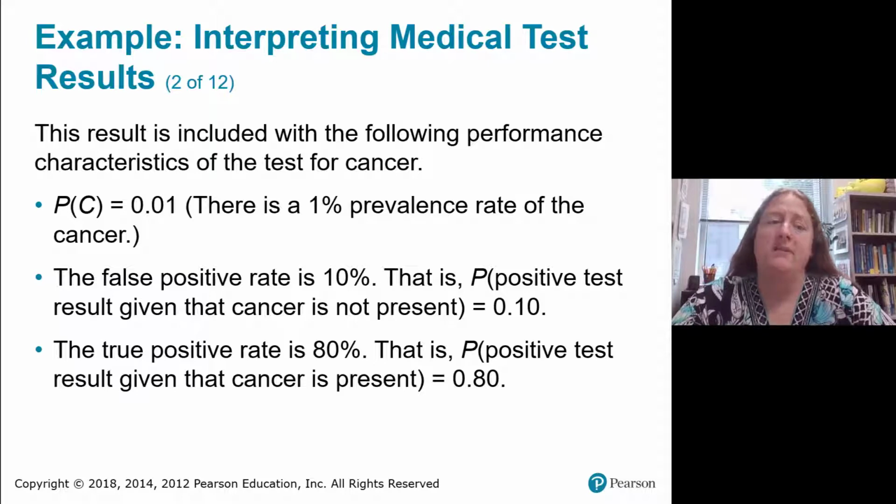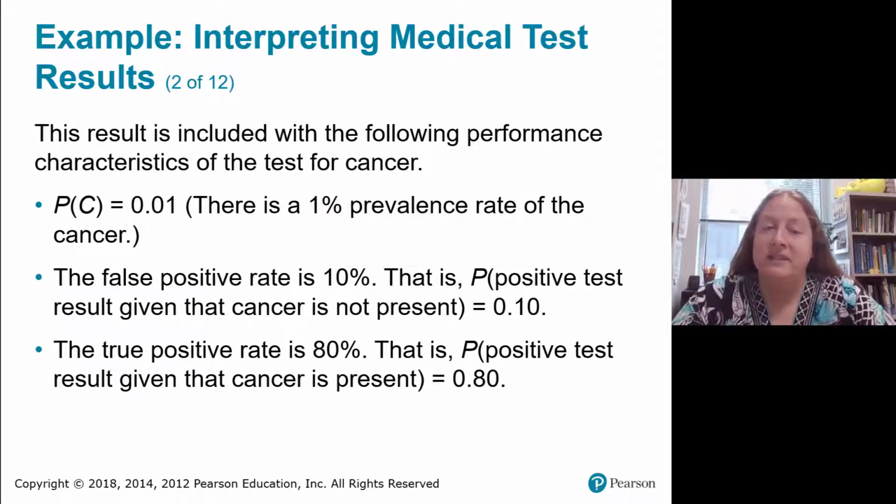Right, so we have this probability of cancer is 0.01, and now we have a test for cancer that we're adding to the mix. So we know about this test that the false positive rate is 10%. That is, the probability of a positive test result given that cancer is not present is 0.1. We also know that this test has a true positive rate of 80%. That is, the probability of a positive test result given that cancer is present is 0.8.